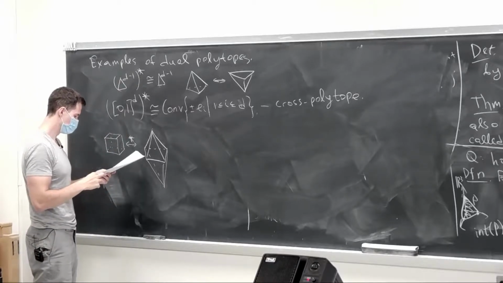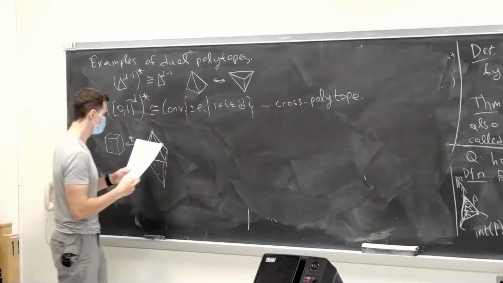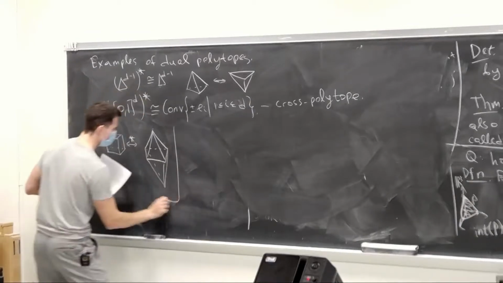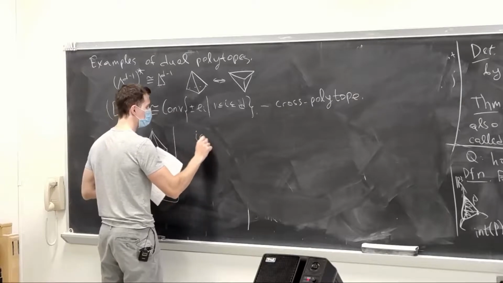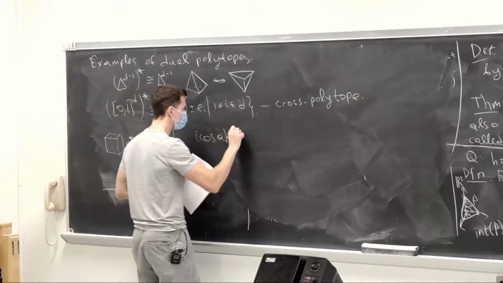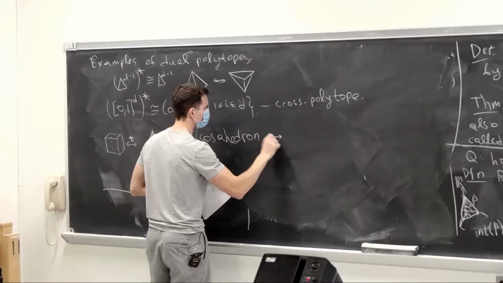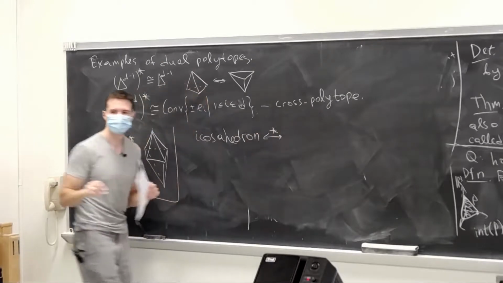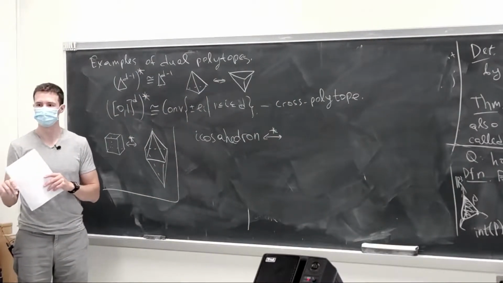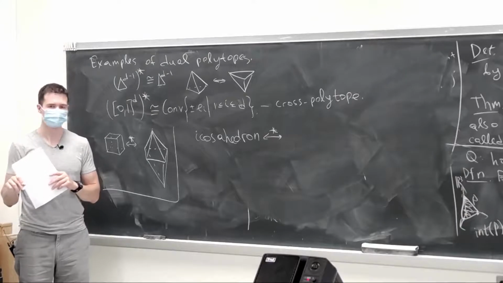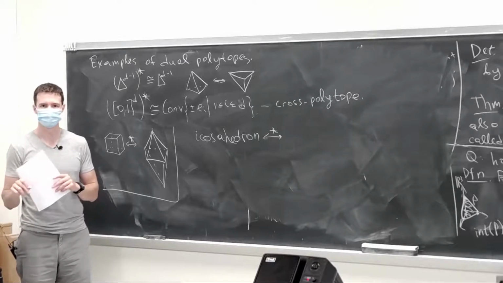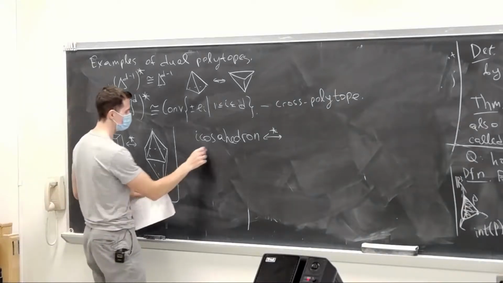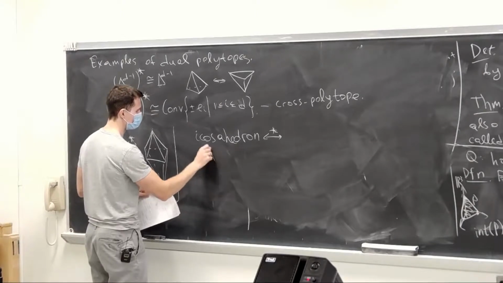And all right, what about maybe I take the icosahedron, and I take the dual. Does anybody know the icosahedron? I don't think I can draw it.